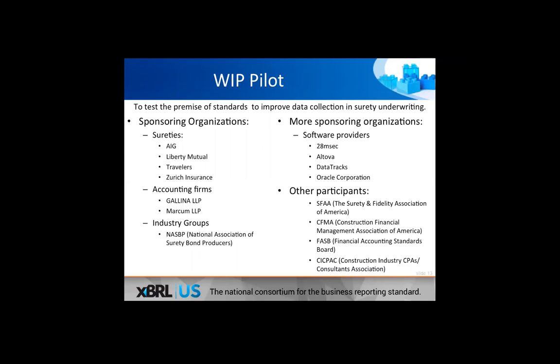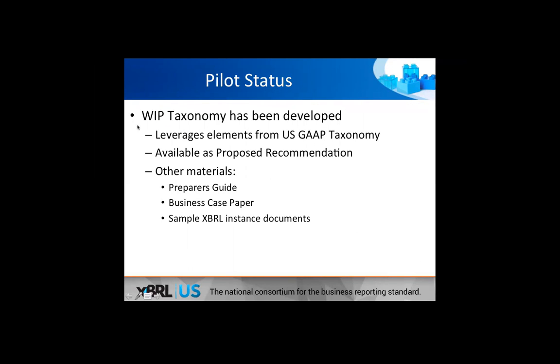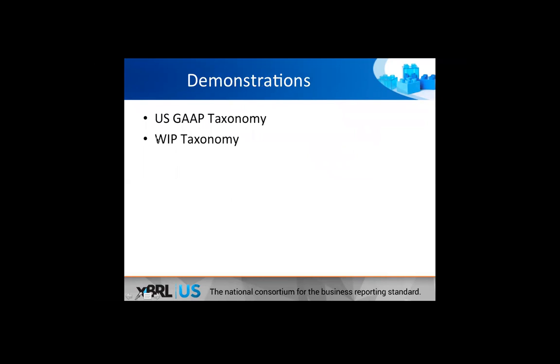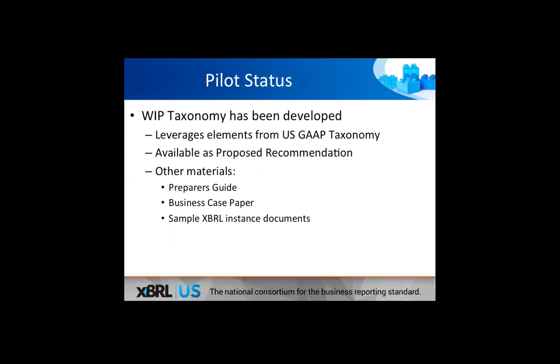If we can go to the next slide. Oh, there we go. So where do we stand? As I said, we've been working on this for over a year, putting things together. We're finally at a state where we have a pilot that has been launched and we can look at. The work in progress taxonomy has been developed and is open for review.